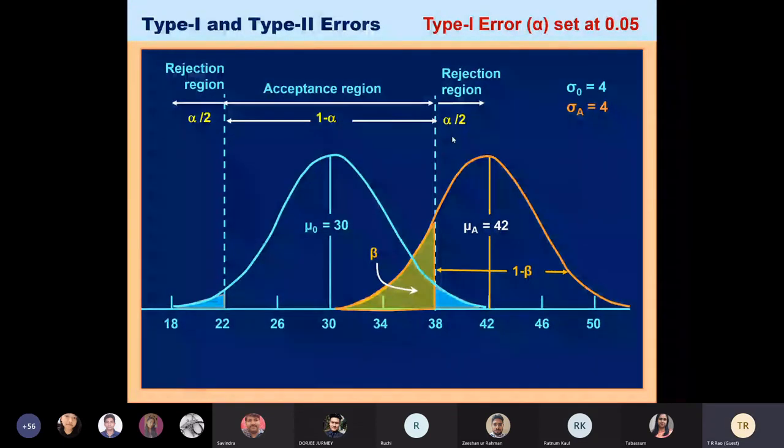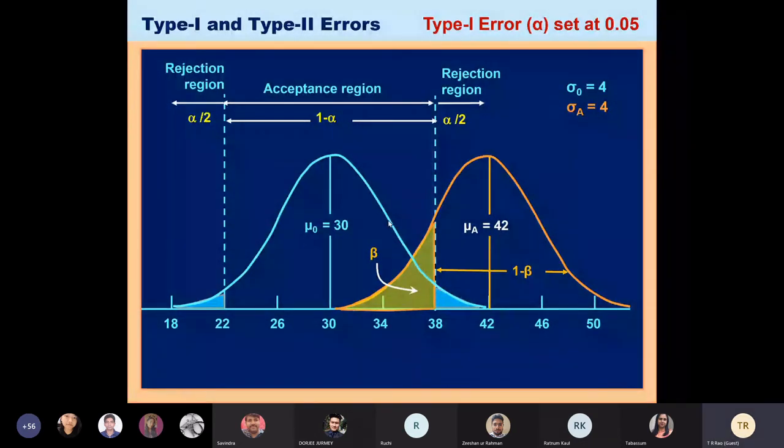This part of the curve of the alternate hypothesis, watch it, is encroaching into the acceptance region of our original hypothesis. This shaded portion of this curve belongs to the alternate hypothesis that mu alternate is 42. Maybe 20%, 30%, whatever, is falling within the acceptance region of our first hypothesis, which is the one we proposed.